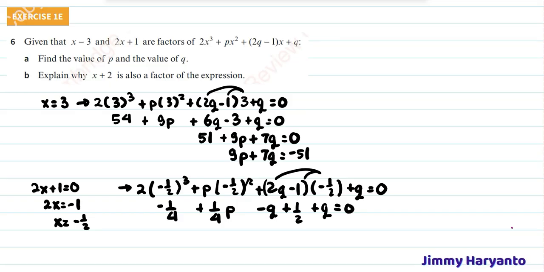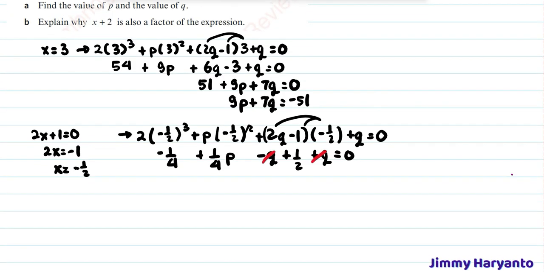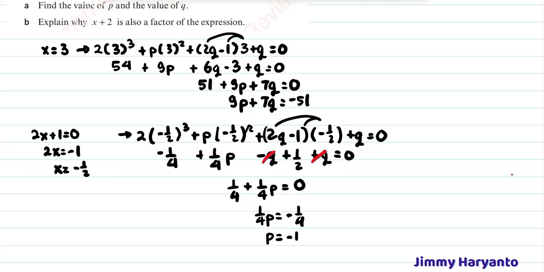Oh, we can cancel out the q, and then we'll have the p later. So let's calculate this. We'll have 1 over 4 plus 1 over 4p equals to 0, and then 1 over p equals to negative 1 over 4, p equals to negative 1.